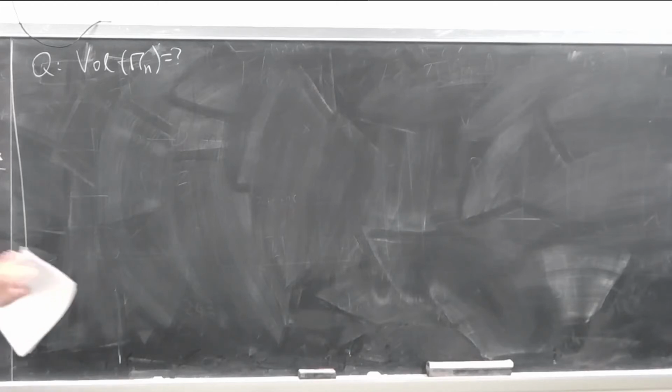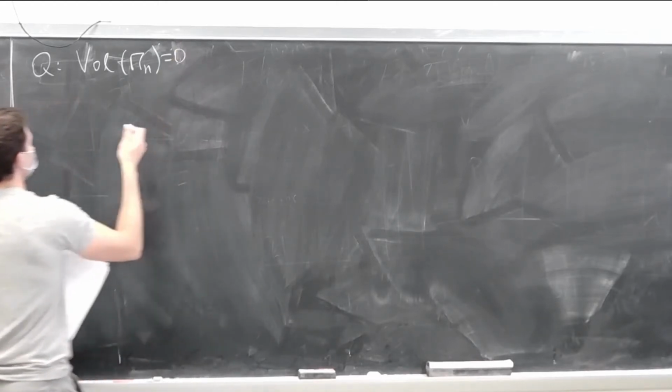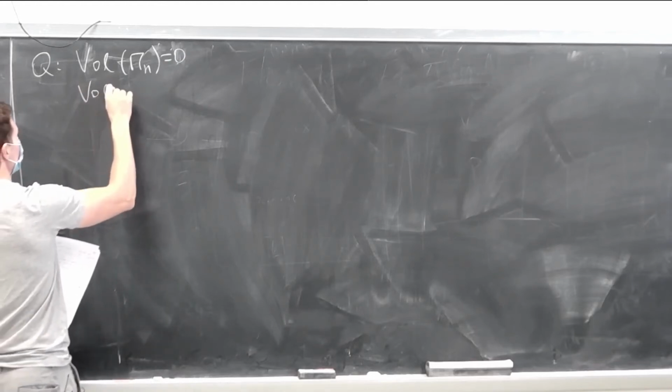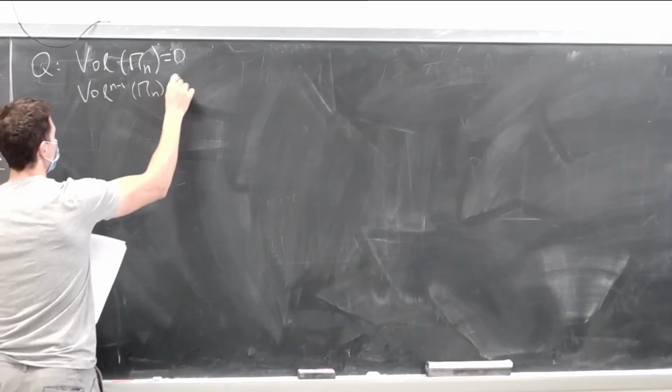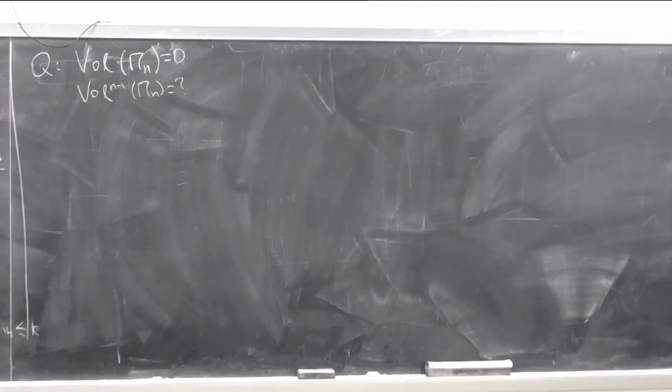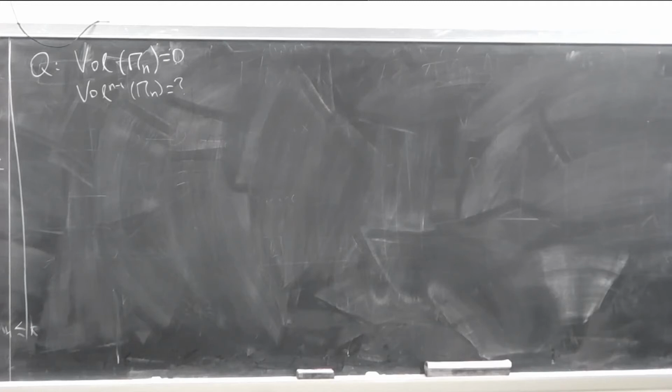Is it also 0? Nice. Yeah, this is 0. But okay, so what is the n minus 1, whatever that means, dimensional volume of the permutahedron? And that's actually a number. And you have to normalize it in some way to make it an integer and nice. But any guesses?